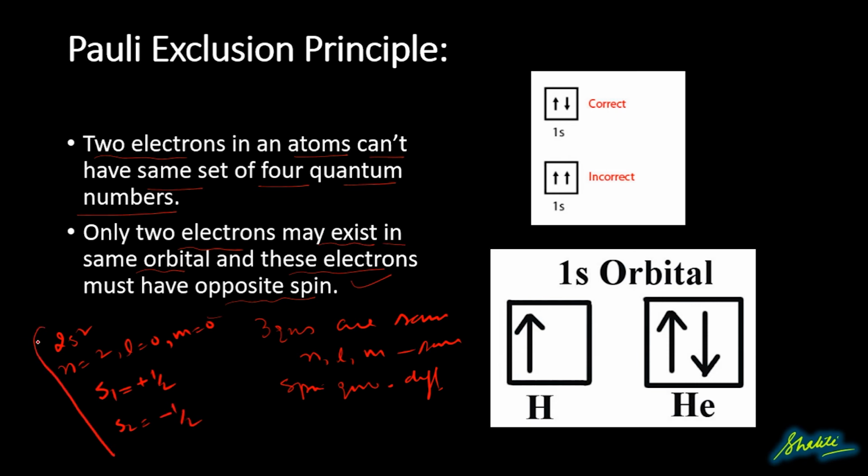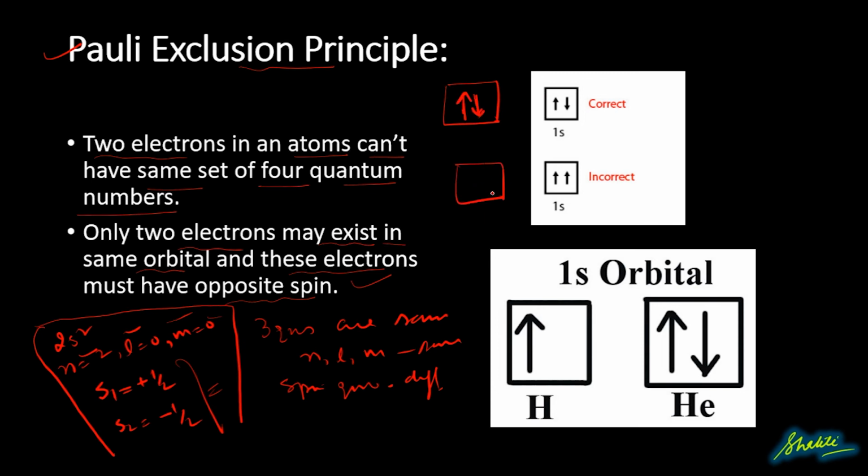So no 4 quantum numbers are the same. The first 3 are the same, but the fourth one is different, and this satisfies Pauli's exclusion principle. Here the order is like this. This is correct. In this orbital, 2 opposite spins are taken. One is clockwise, the other is anti-clockwise. But in this orbital, both the spins are clockwise, so this one is wrong.